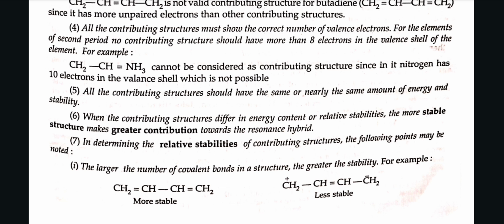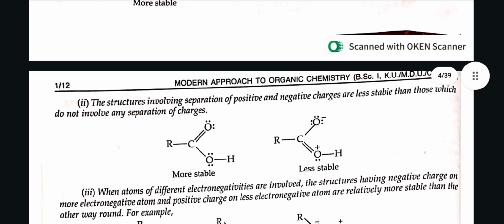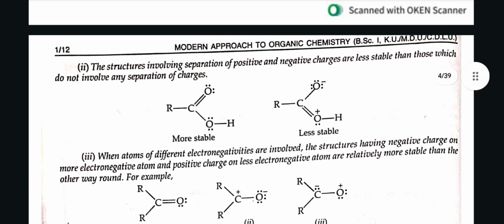First one is, the larger the energy of covalent bonds in a structure, the greater the stability. For example, as you see. Second one is, structures involving separation of positive and negative charges are less stable than those which do not involve any separation of charges.